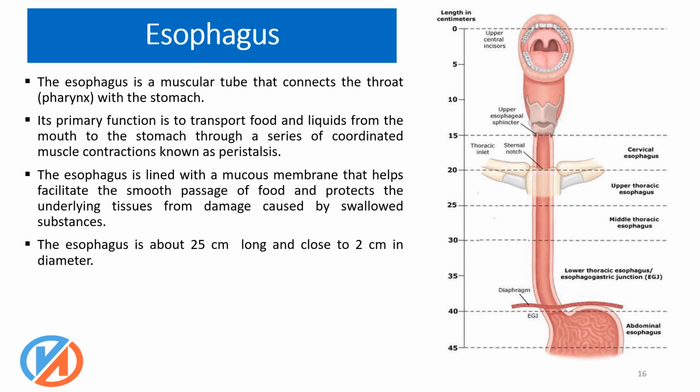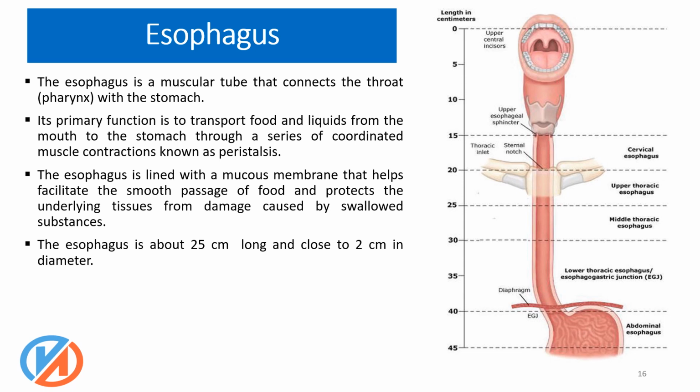The next GI tract organ that I would like to discuss today is the esophagus. The esophagus is a muscular tube that connects the throat or the pharynx with the stomach.